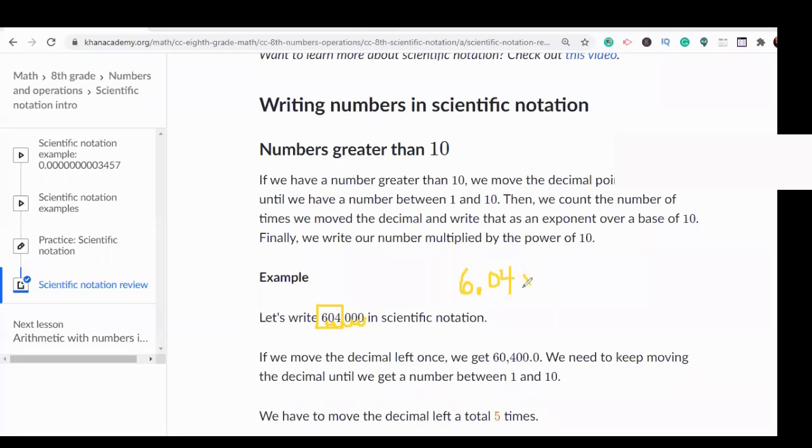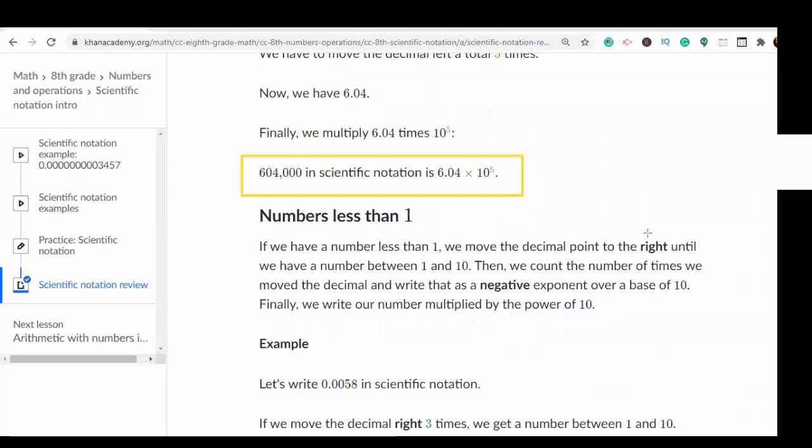So that means I can multiply the 6.04 times 10 to the 5th power because I moved it 5 decimal places. And since I'm moving it to the right, my exponent 5 is positive. Therefore, 604,000 in scientific notation is written as 6.04 times 10 to the 5th. That's the process when we have a number that is greater than 10.